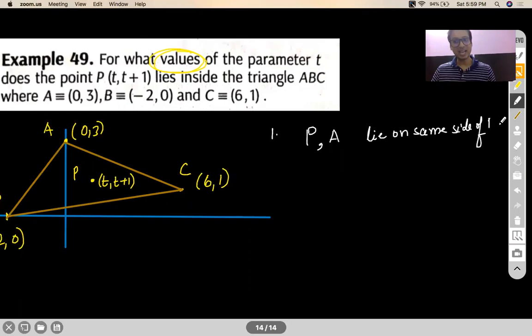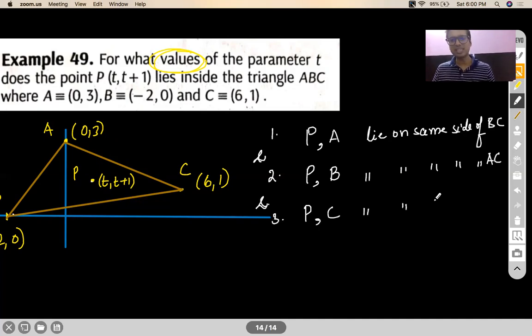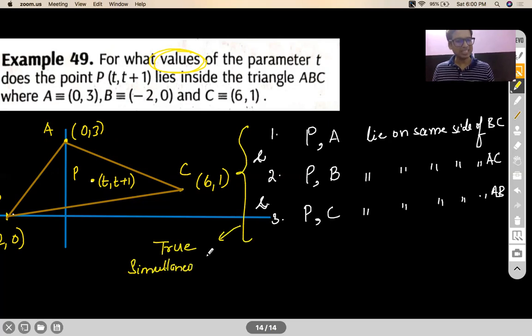And remember, I'm using the word and. P and B should lie on the same side of AC. And the third, P and C should lie on the same side of AB. These three conditions must be true simultaneously.